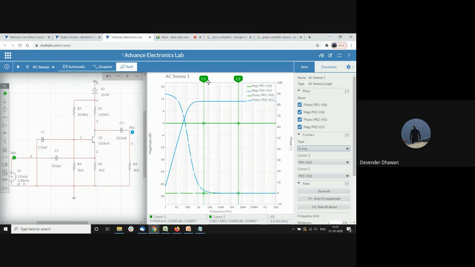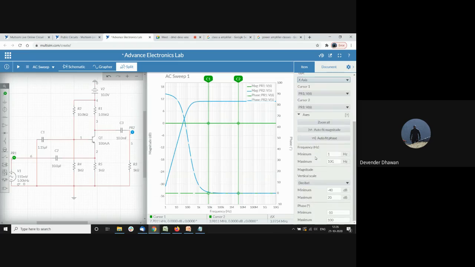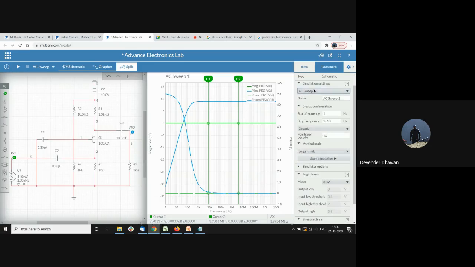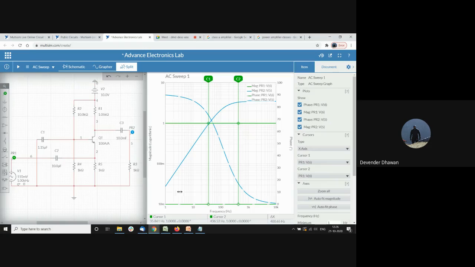So there are various options that one can check here. Obviously, I'm not checking all of them. So the documentation part is also there, like the frequency. I think someone was asking us, so we can change it here. So let's say if I want it till 10k only. So let me just run it now once. You see now I have till 10k only, so I can change that also.